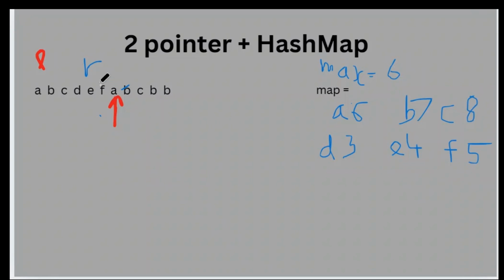And then again right is incremented to b, and when it is pointed towards b, you can see b is already repeated. So the value of b is changed. Also the left pointer is changed in this case. Now left will start pointing towards b.